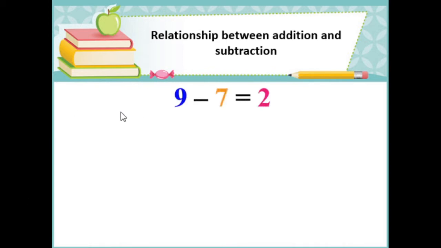Alright, so let's review first the different parts of a subtraction and an addition process. Looking at the numbers on the screen, it says 9 minus 7 equals 2. 9 is our minuend.